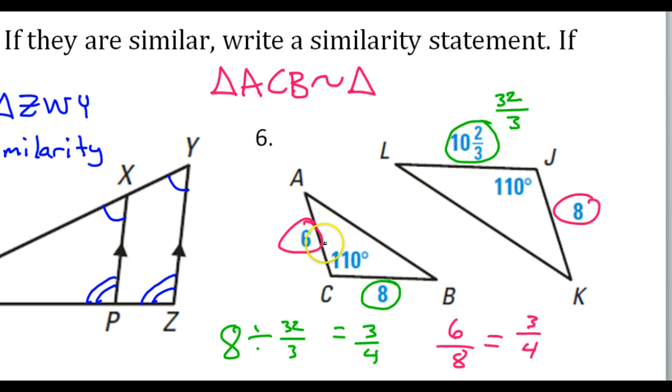Now look, when I did ACB, see how I went from pink to green. So I better do the same thing over here. So I'll do KJL, pink to green. See how you've got to be careful to match up corresponding parts. And they were similar by side, angle, side similarity.